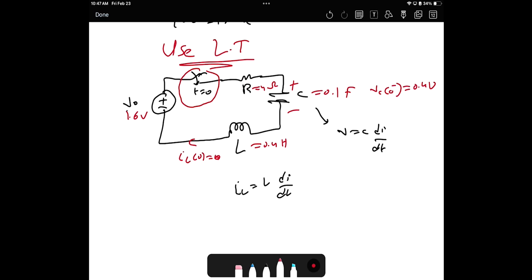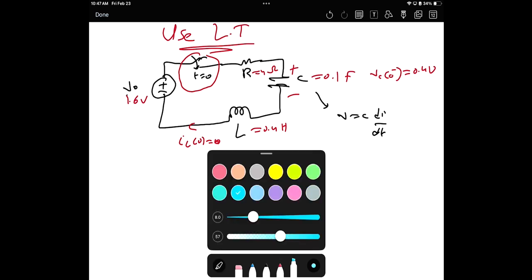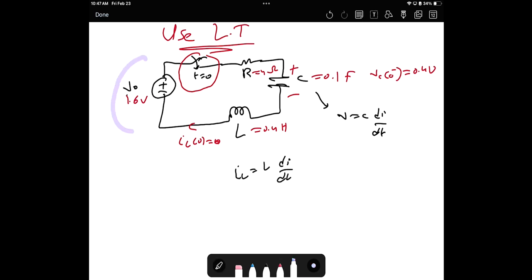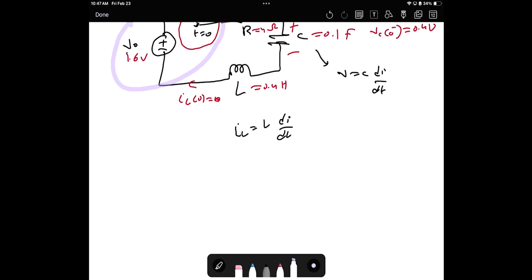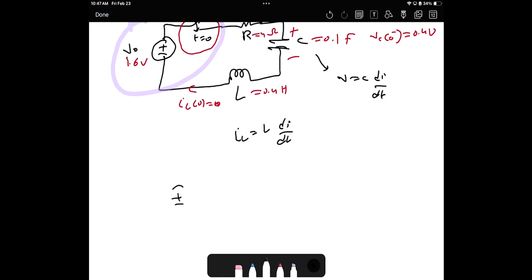One of the functions that we learned, does it look like impulse, delta, ramp, U of t? Correct. So the voltage source and the switch can work as a single source, VO times U of t, which is in other words, 1.6 times U of t.